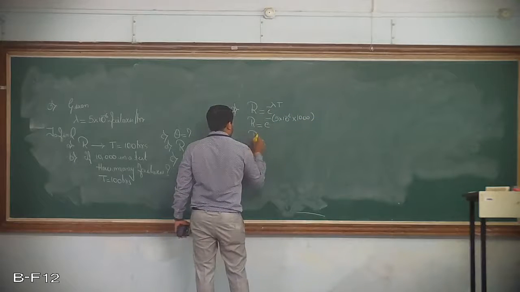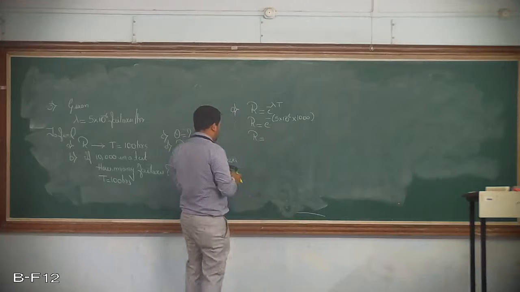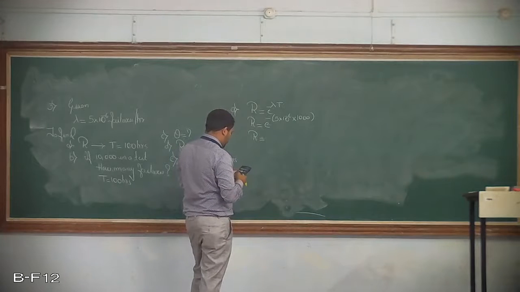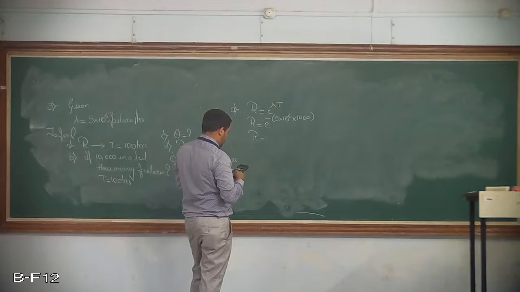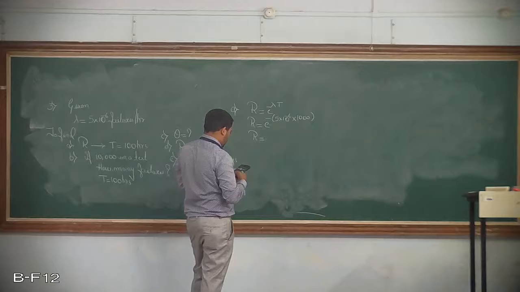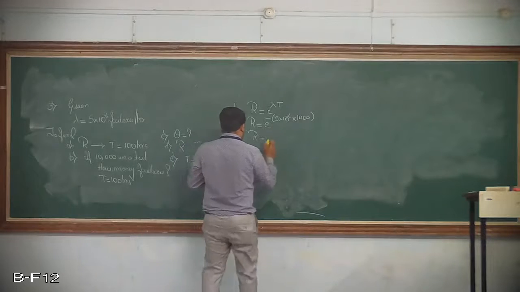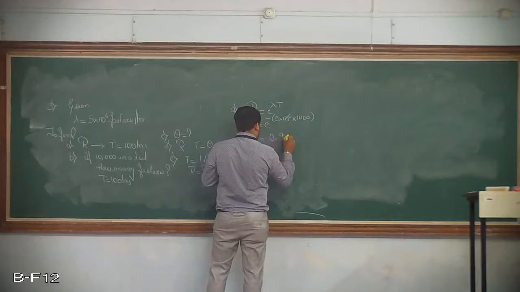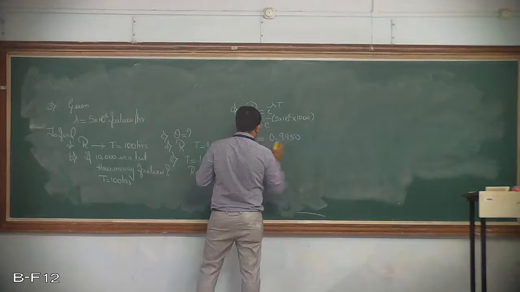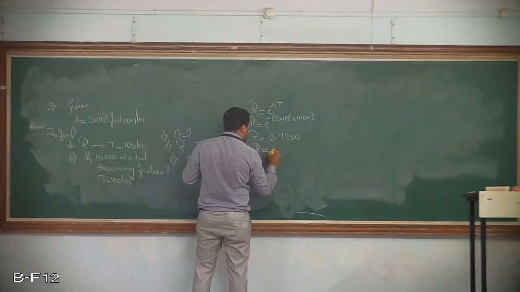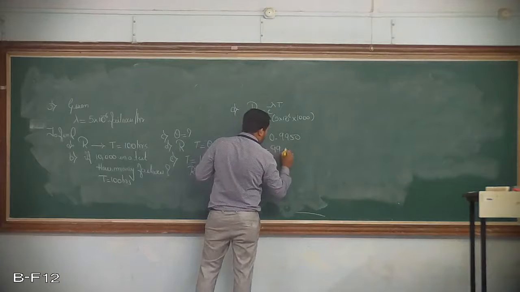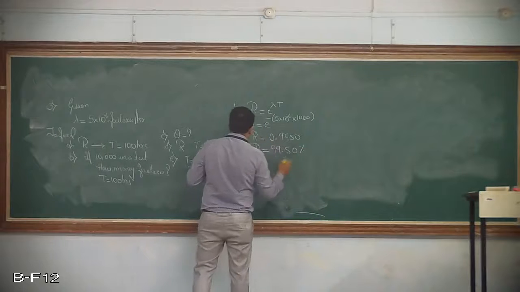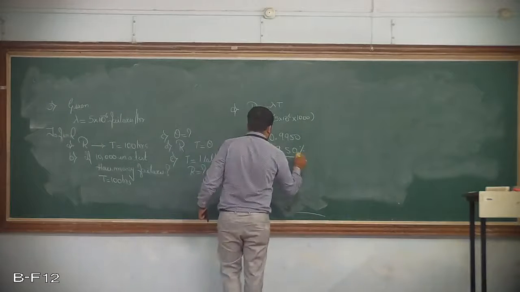So here just calculate. It will come as 0.99. If you want to take it in percentage, it will be 99.50%. So this is the answer of the first bit.